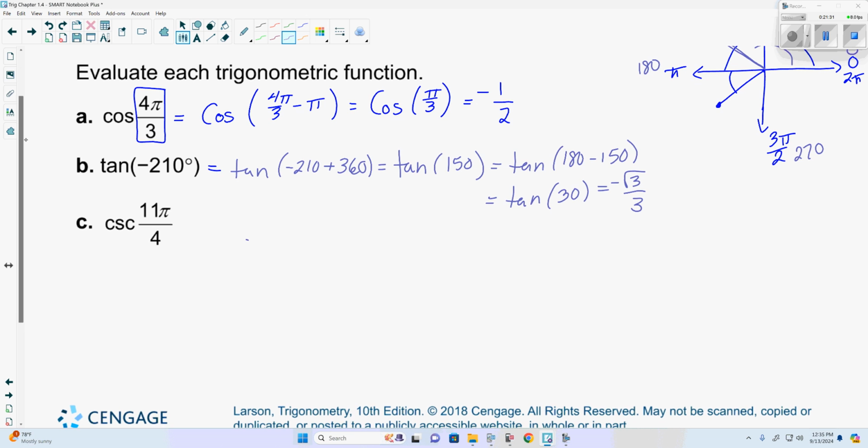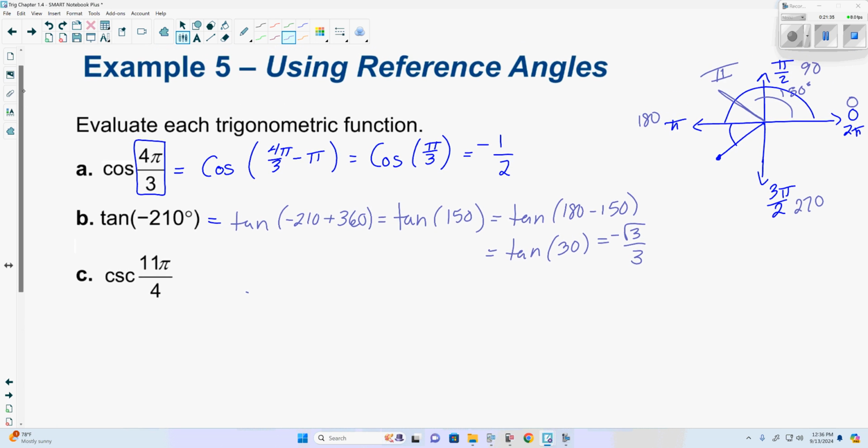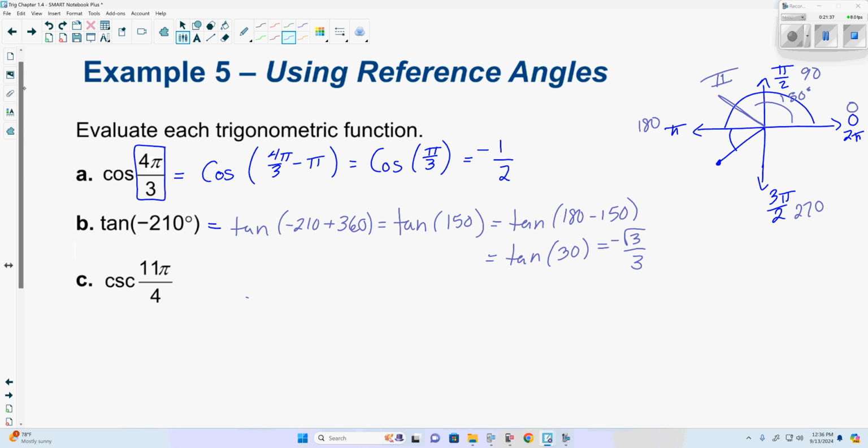Cosecant of 11 pi over 4. Well, is that bigger than our circle? How many fourths would make 2? Think about it.